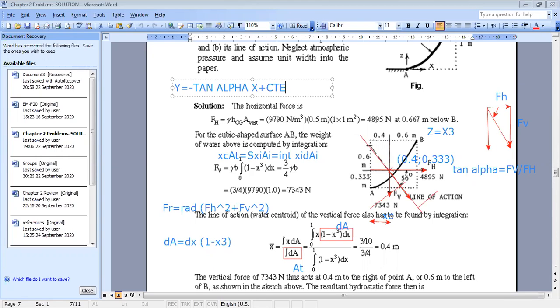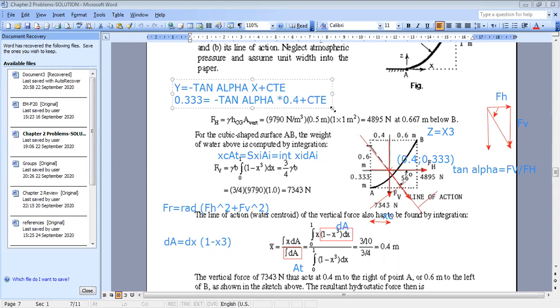So you say for y equal to 0.333, I have x equal to 0.4. So if I replace, it's minus tangent alpha times 0.4, which is the value of x at this point, plus the constant.